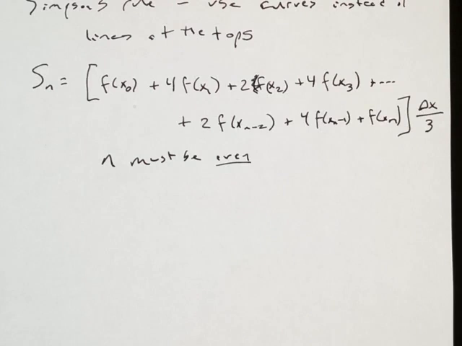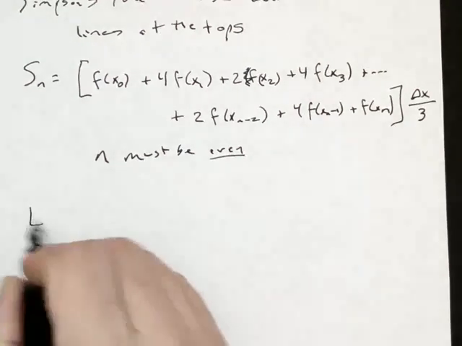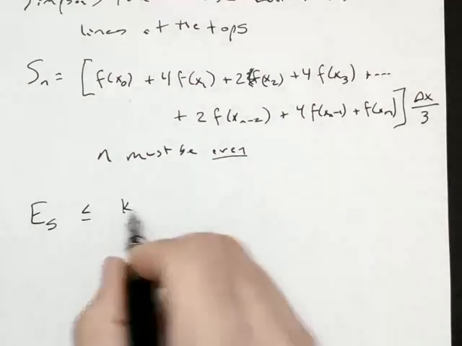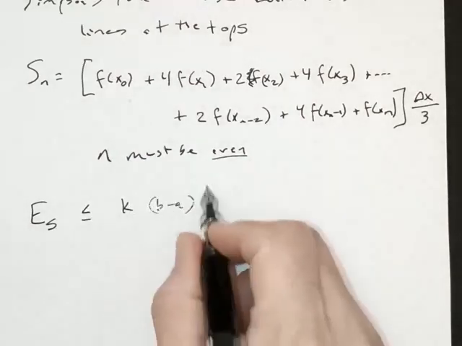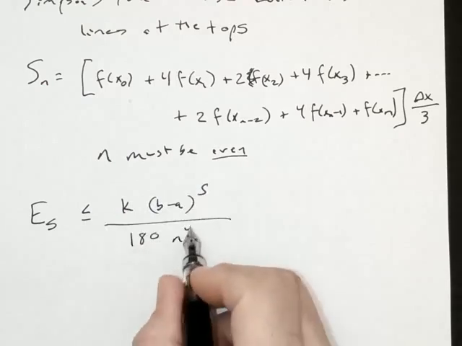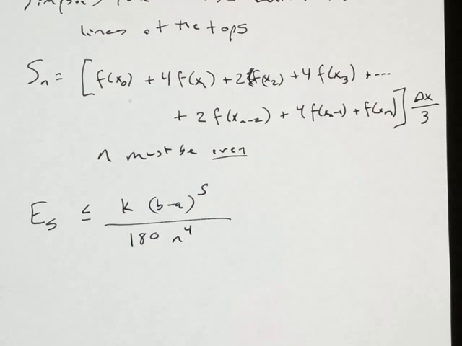Now, why would I bother to do this? Well, it turns out that the error for Simpson's rule is much, much smaller. Look at that bottom. 180 n to the 4th, not n squared. So more rectangles means a lot bigger of a denominator. And k changes here also.